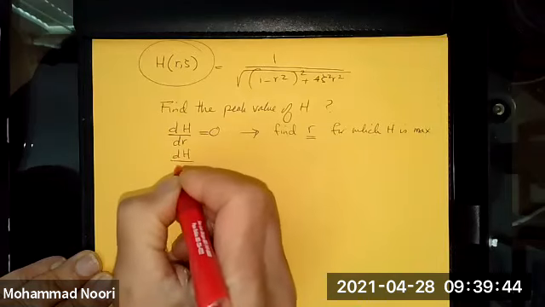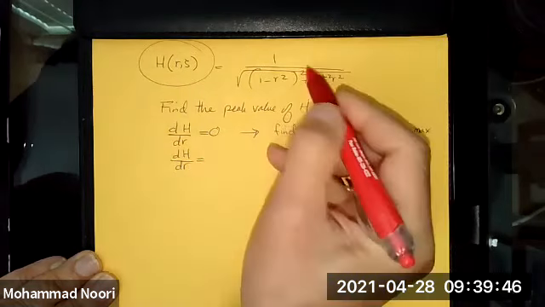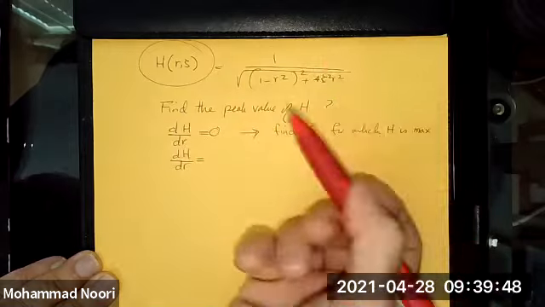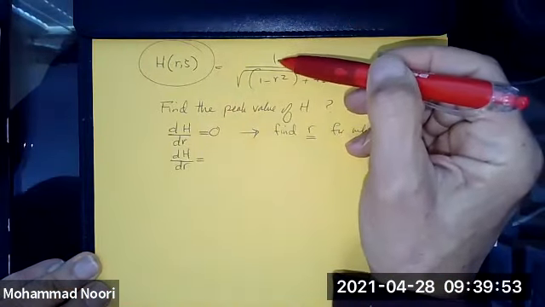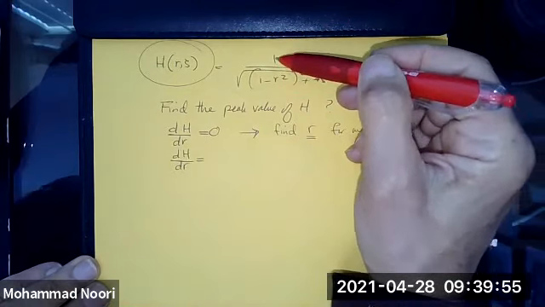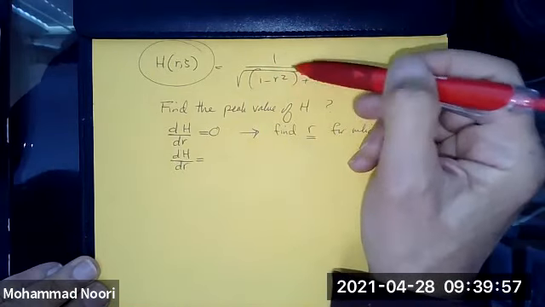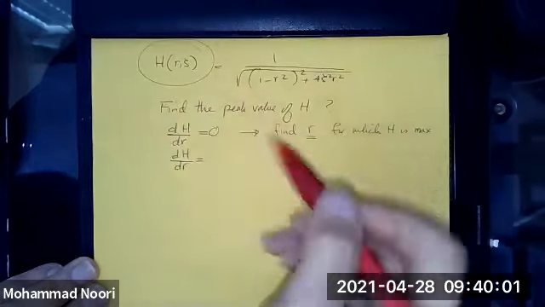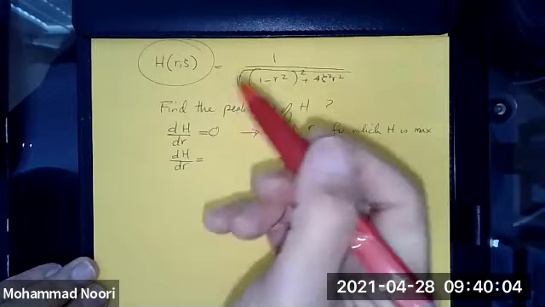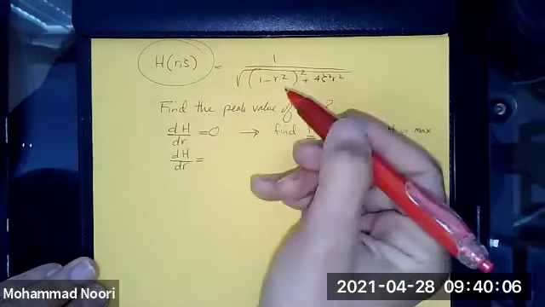So let's do that. Take the derivative with respect to R. If, in other words, this is an algebraic expression, you know that the first derivative is derivative of numerator times denominator minus denominator times numerator divided by the square of that and so on. So I don't get to that.